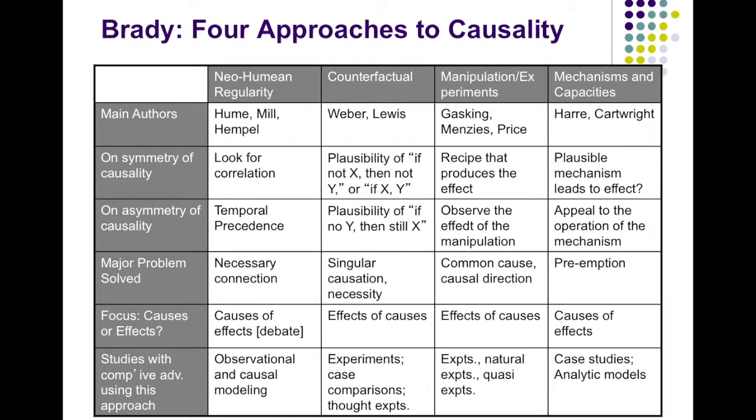Correlation is a form of regularity, when things move together in terms of space, time, and quantity. Hume, to some degree Mill, and Hempel were authors in this tradition. Rubin and Holland are more contemporary authors in this tradition. This approach focuses on looking for correlation.